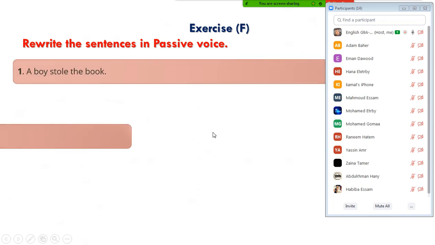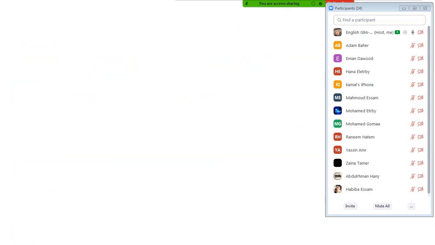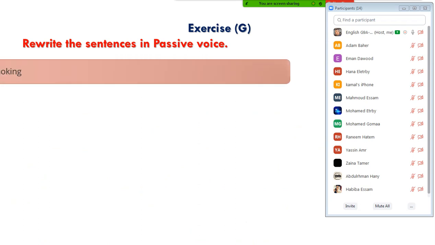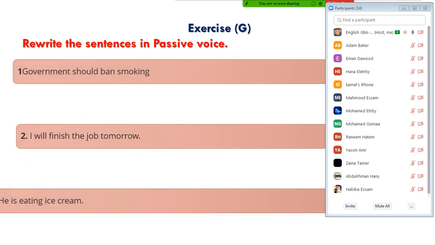Okay, we have finished this one. Again, another 3 sentences. Haneen, prepare yourself for number 3. Okay, Kamal, number 1. Okay, miss. Smoking should be banned by government.